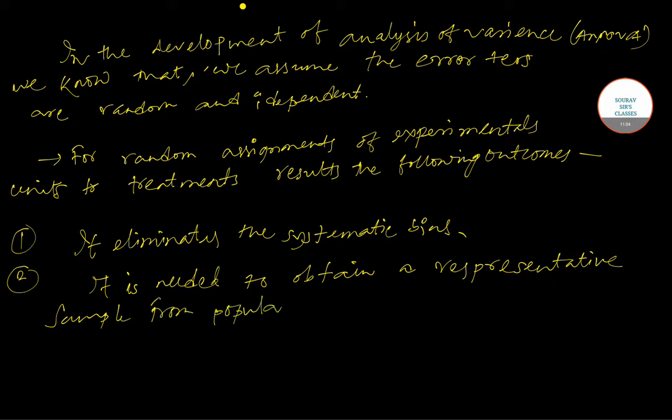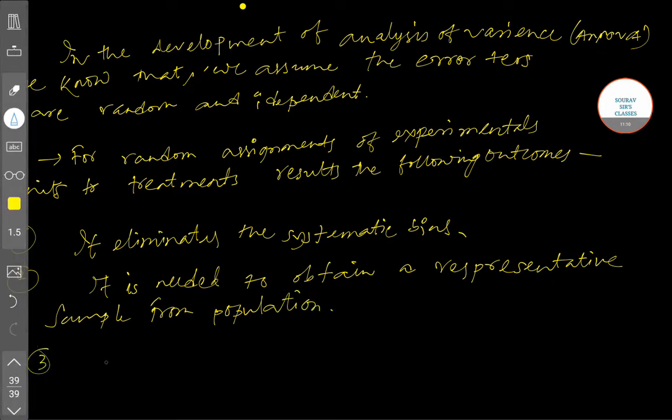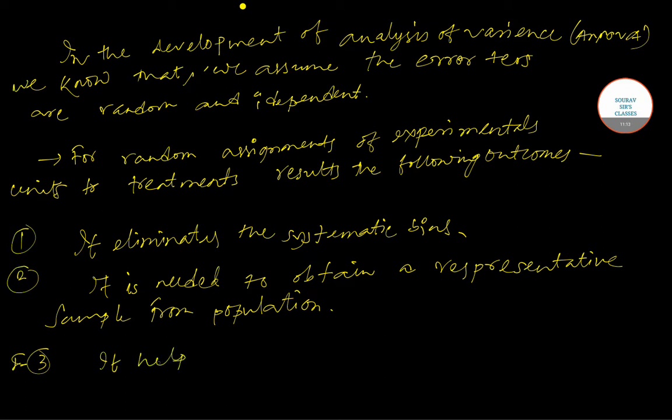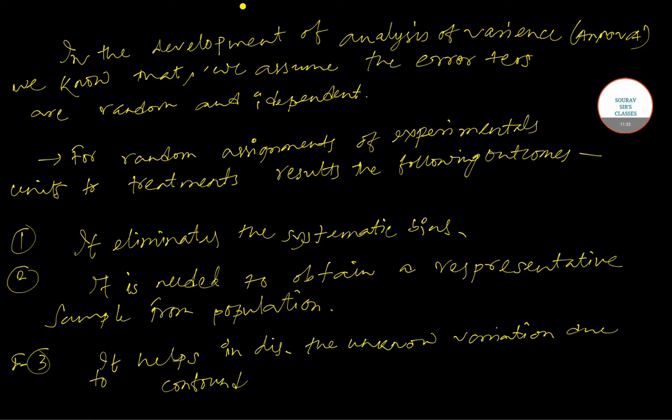So when we are drawing a sample from a population, we need that. And third, it helps in distributing the unknown variation due to confounded variables throughout the experiment.